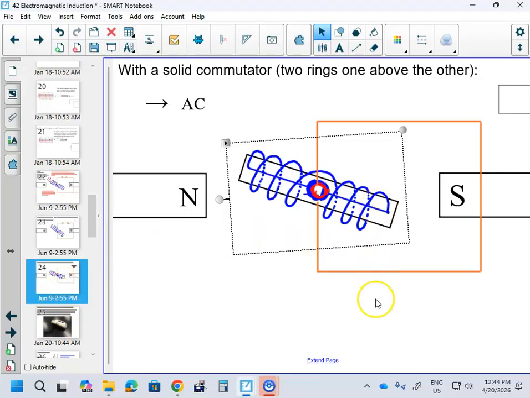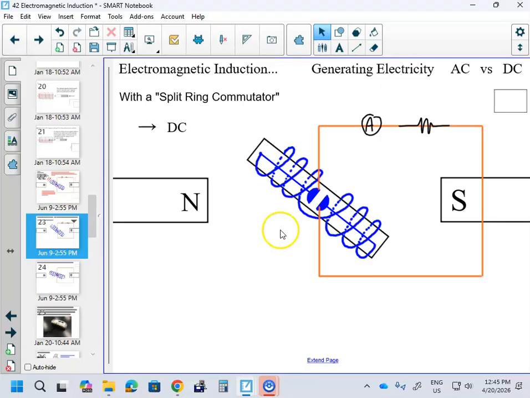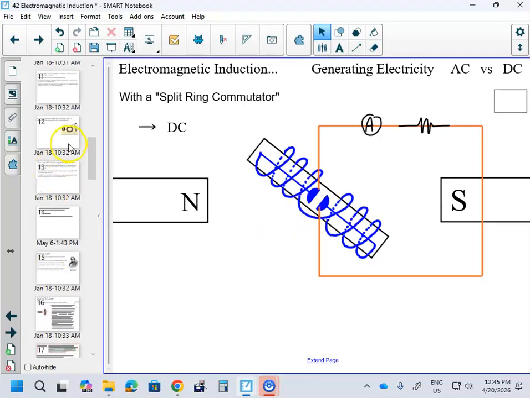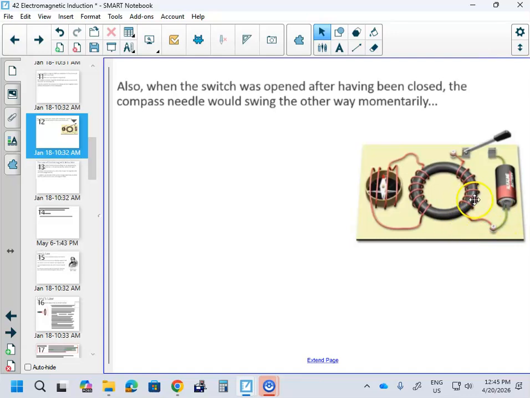So AC is building and going down automatically all the time, because that's the kind of energy we produce from this. Then in Faraday's ring here, I can just use that as an example because this is essentially a transformer, just not changing, because we have a different number of coils.